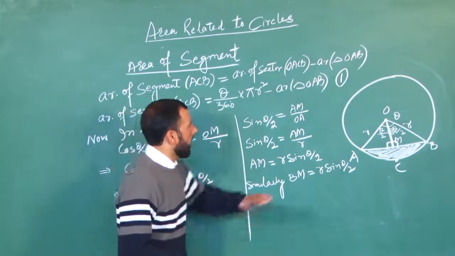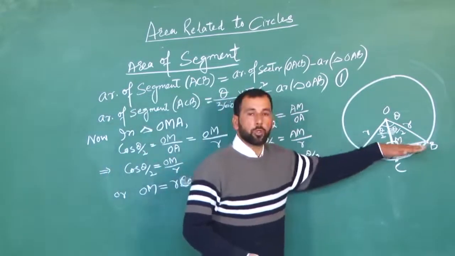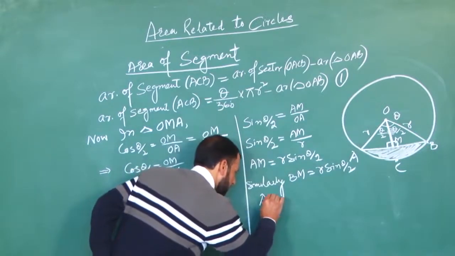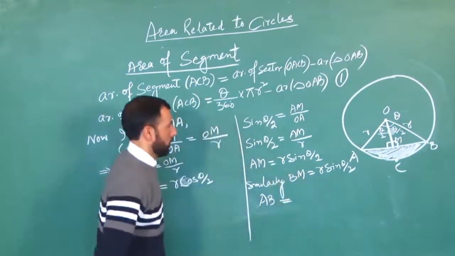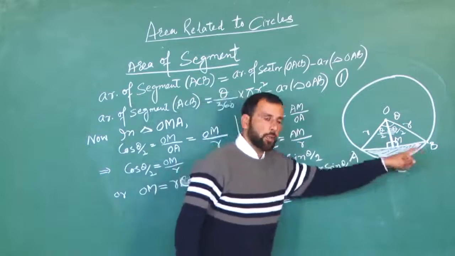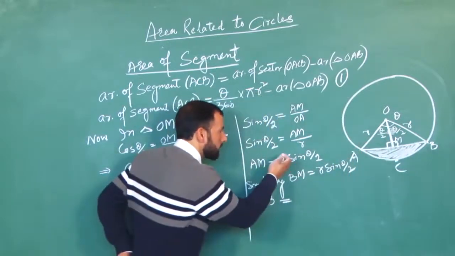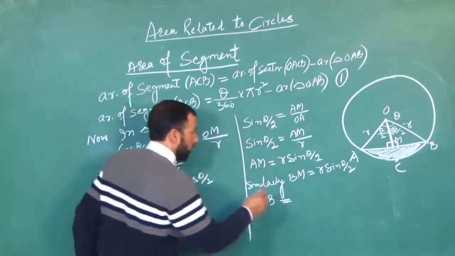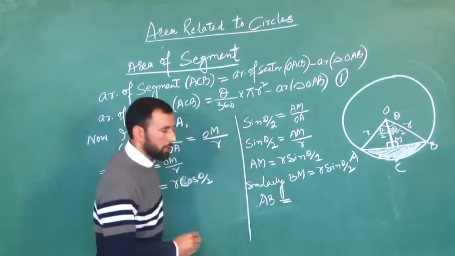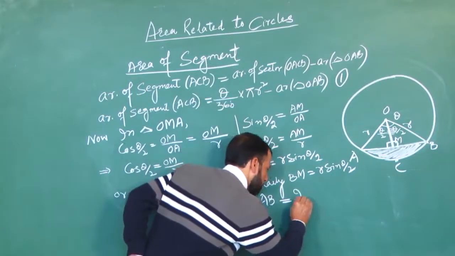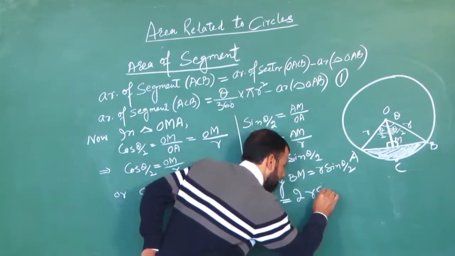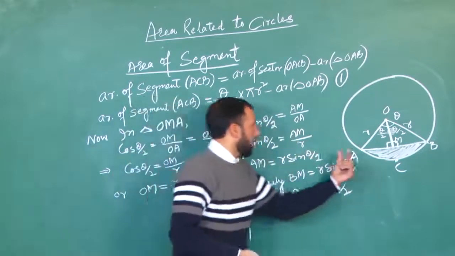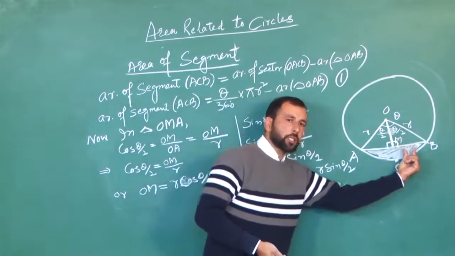Now, what is the length AB here? It is also the base of the triangle OAB. Now AB is equal to AM plus BM. That means R sin theta by 2 plus R sin theta by 2, or we can write it as twice R sin theta by 2.